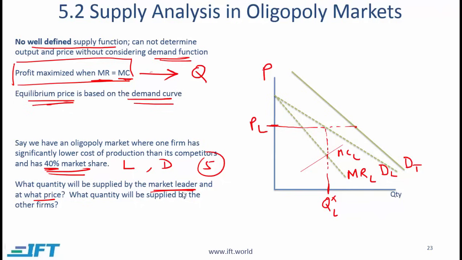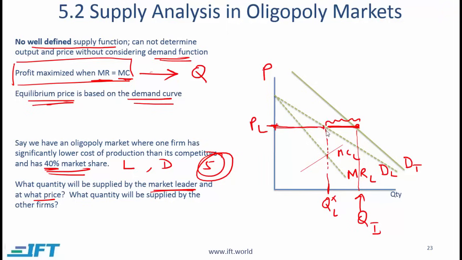The assumption over here is that these other 5 firms will simply take the price that is established by the leader, and if they do that, then the overall industry demand is given by this value over here, so quantity demanded by the industry, and the other 5 players will supply this much amount. The leader is supplying this particular quantity.